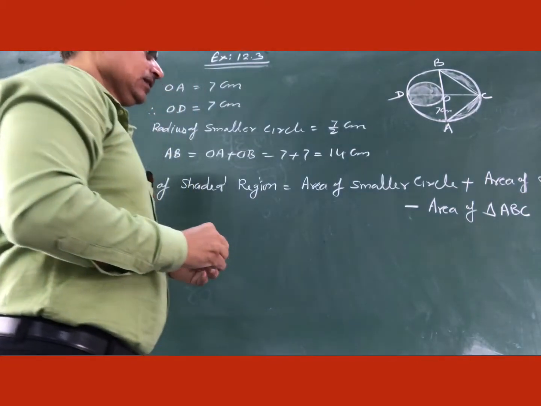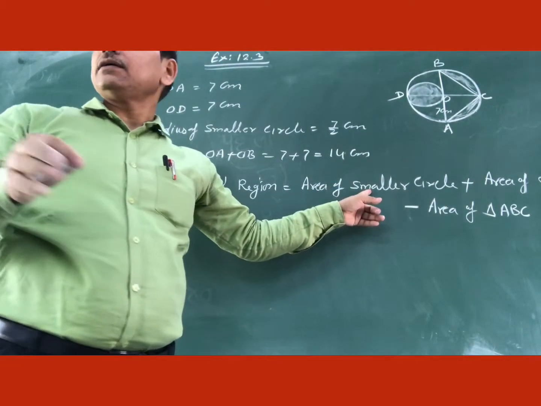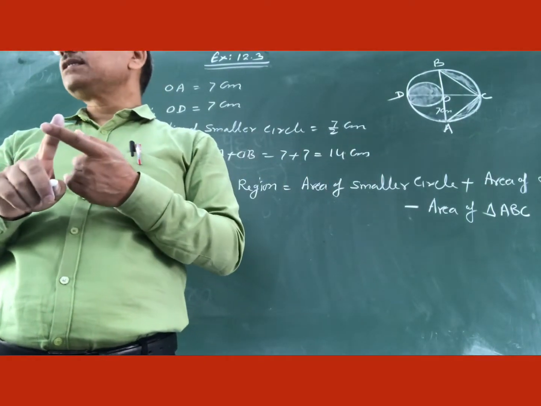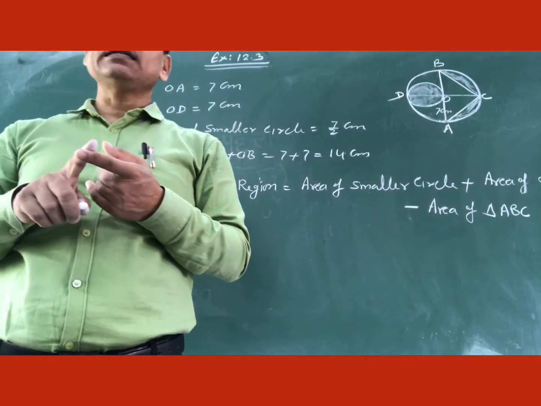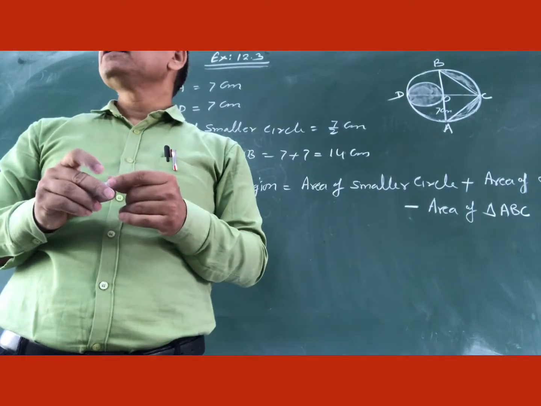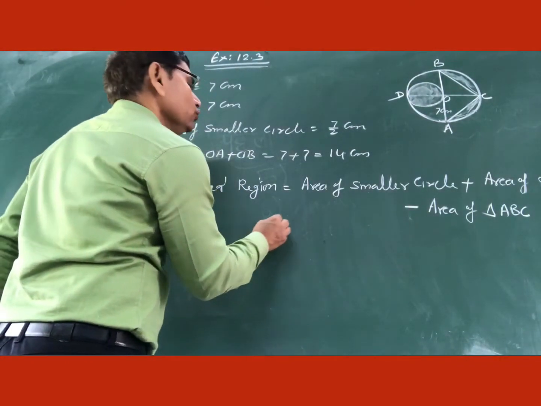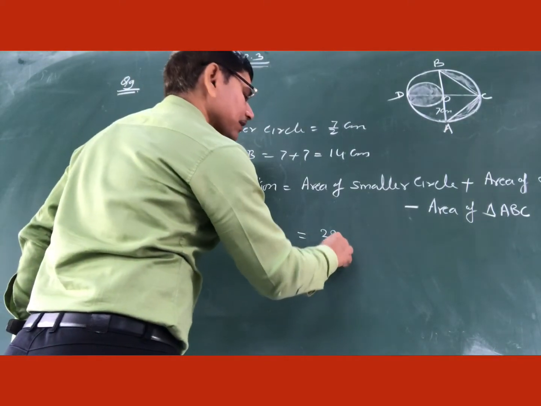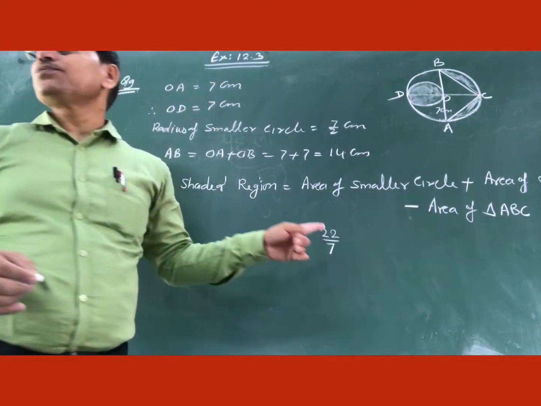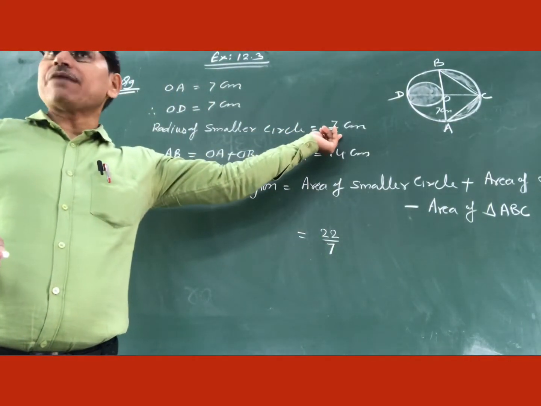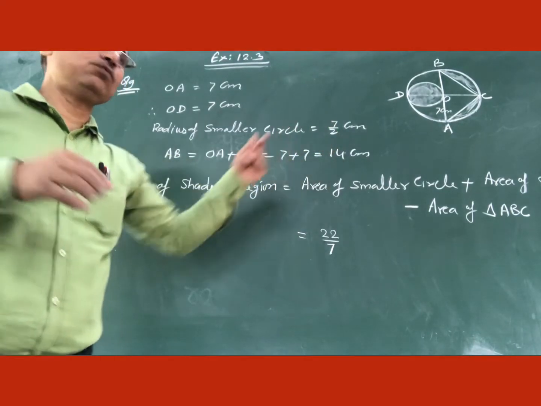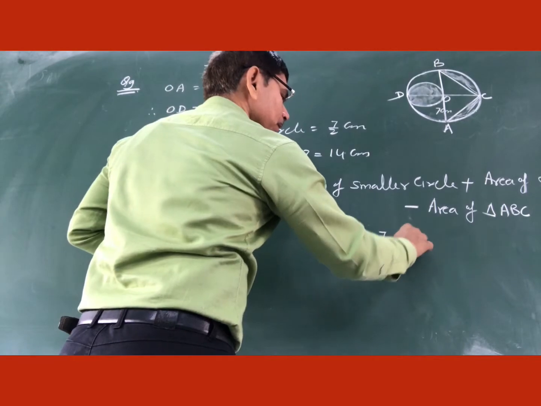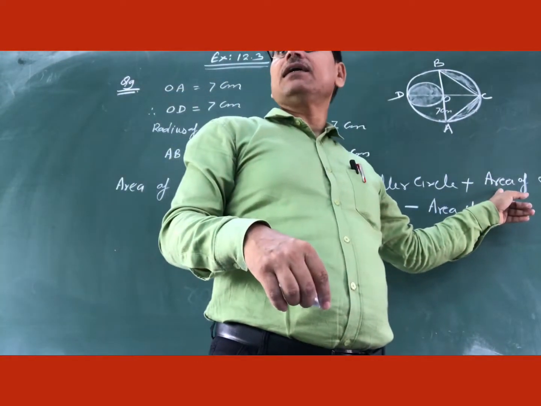Yes. So the area of the smaller circle, either smaller or larger, the formula is the same for the area of a circle, that is pi r square. So you will write pi as 22 by 7, and the radius for the smaller circle is 7 by 2, and this is squared, so you will write 7 by 2 into 7 by 2, plus area of semicircle.